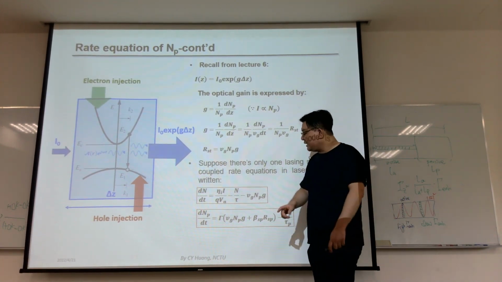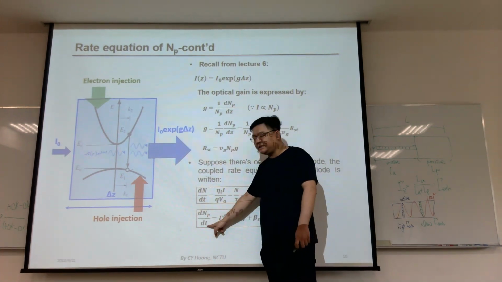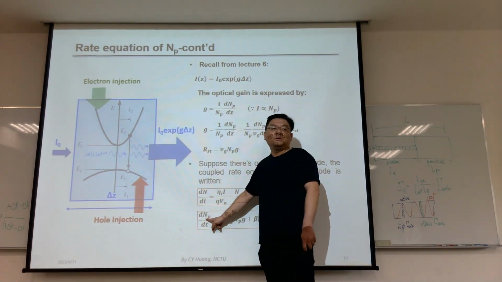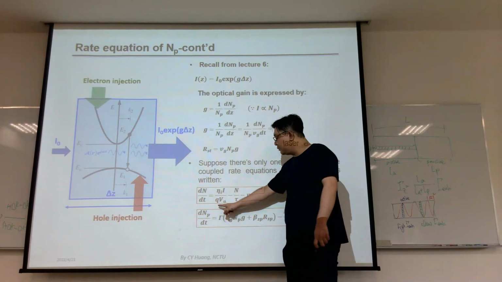Then we can also write down the dNP over dt. This is the rate equation of the photon.